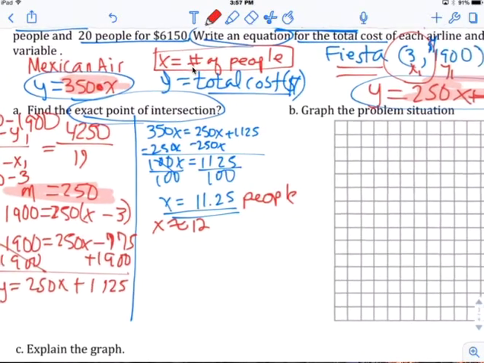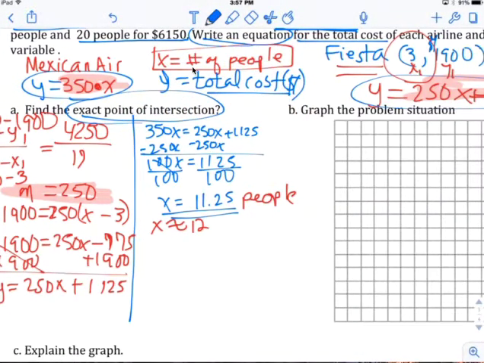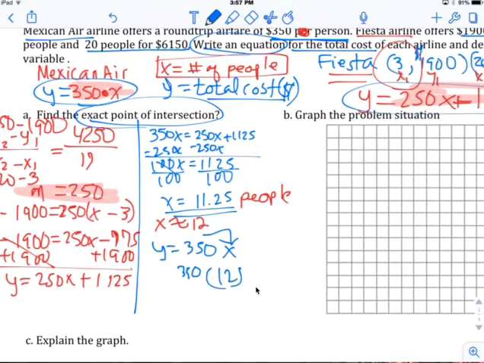About 12 people. To find out how much it costs for 12 people, y equals 350x. Okay, multiply that. I got this equation from here.